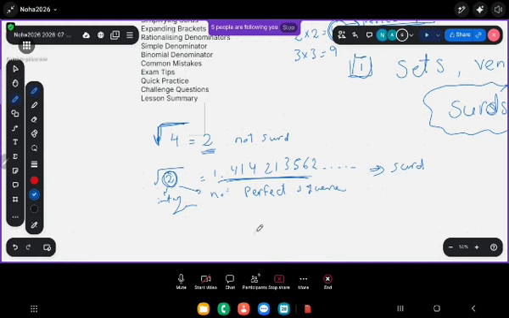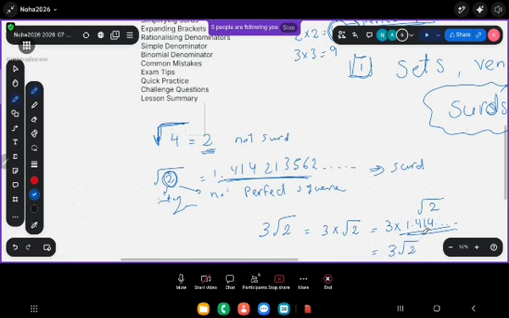So if you have 3 root 2, what does it mean? It means 3 multiplied by root 2. Let's do it together. You put 3 multiplied by 1.414. Ooh, it doesn't end. So don't write all of that. I will write only root 2. It means it has no simplifying. It's only 3 root 2. And you finished your question.